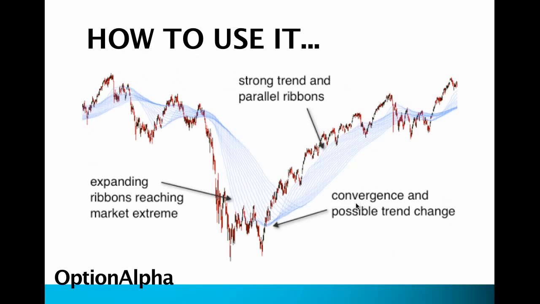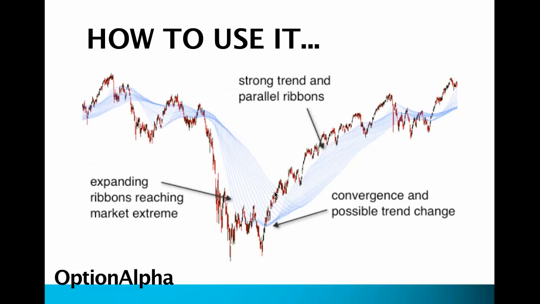Now, at the bottom, you start to see that convergence of the earlier shorter term moving averages. And this suggests that a possible trend change is in place. So notice right down here where my arrow is pointing that no longer are we having evenly spaced or exploding moving averages, but some of the shorter term moving averages are starting to converge and it's making the lines darker.